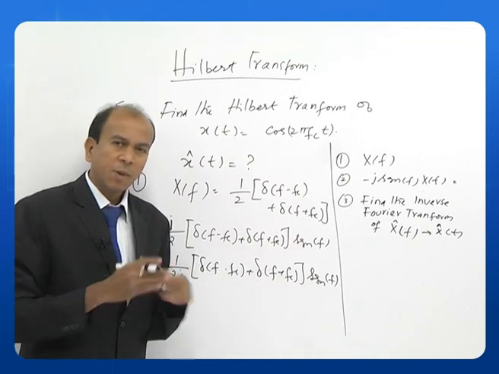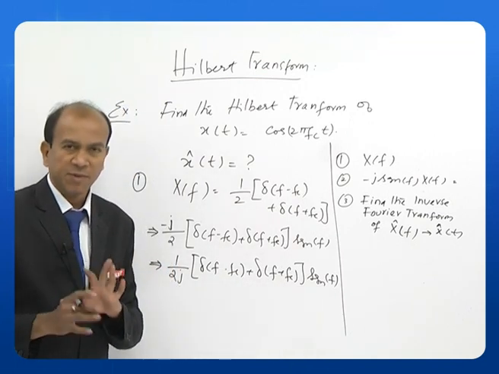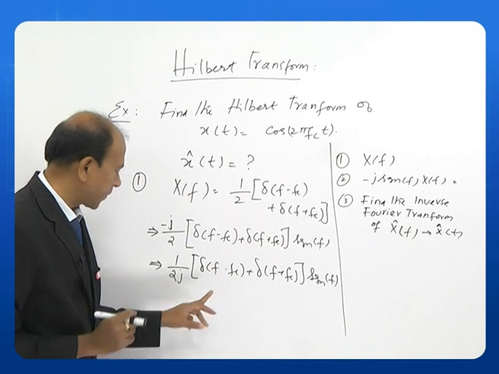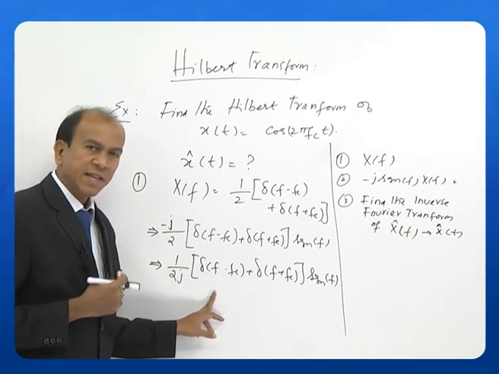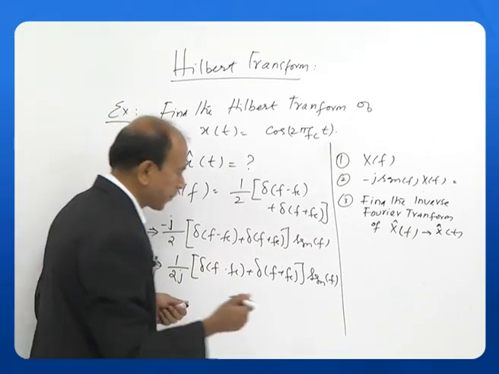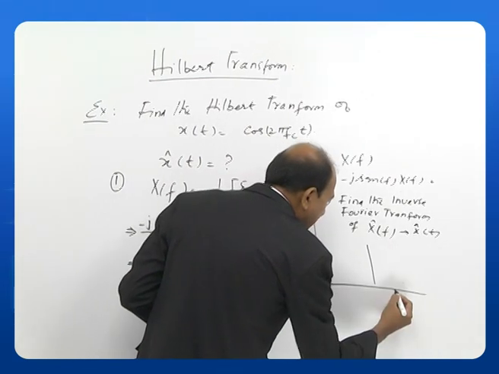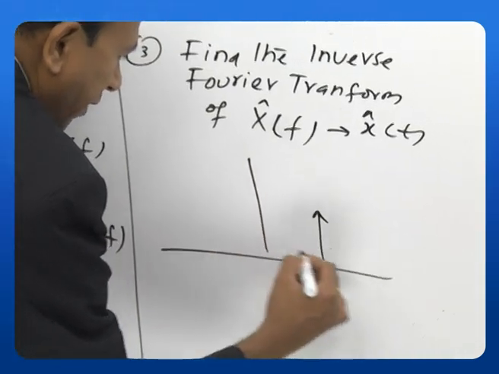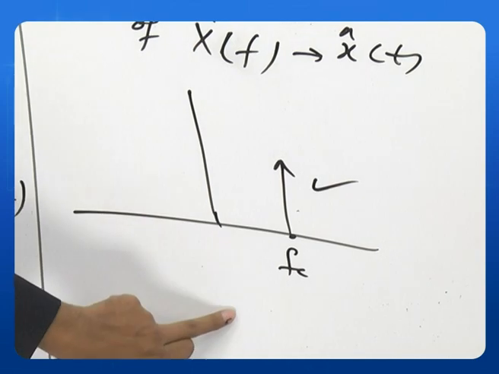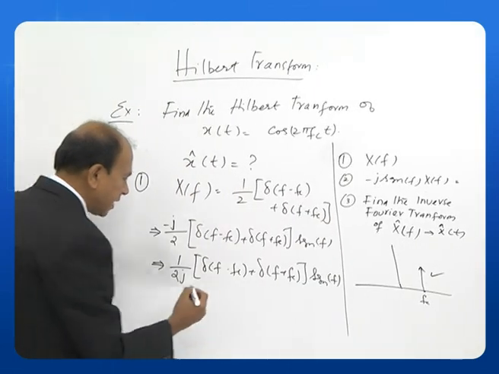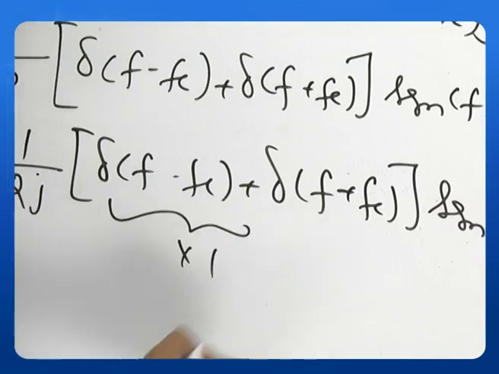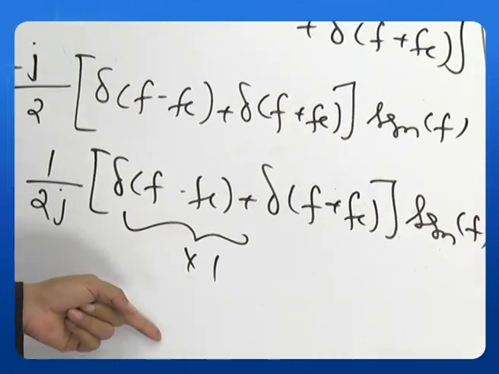Now, when I multiply with signum of f, we should know what the frequency components are, whether positive frequency or negative frequency. There is a delta function existing at f equal to fc. This has to be multiplied by a factor 1, because signum of f is 1 for all positive frequencies.